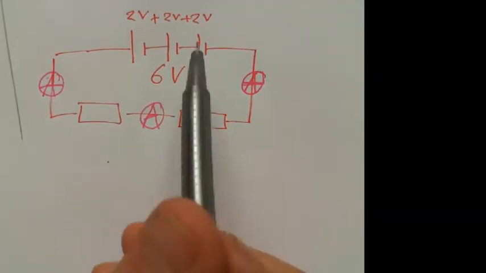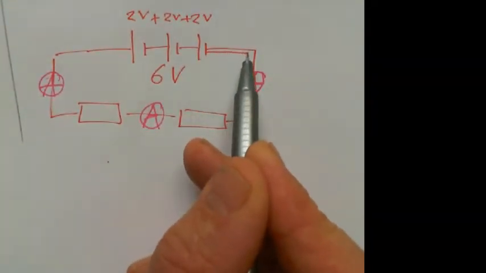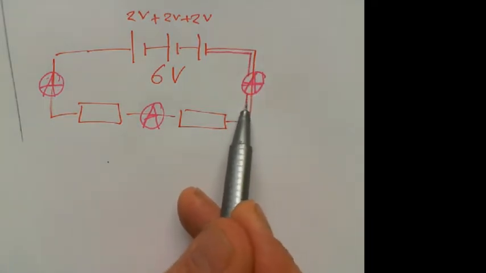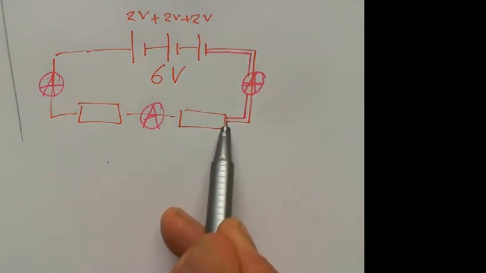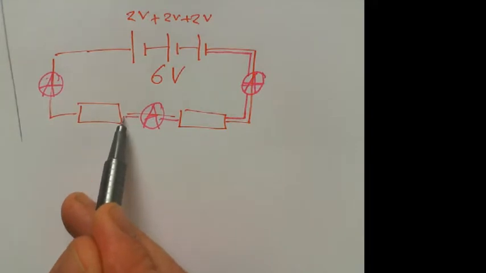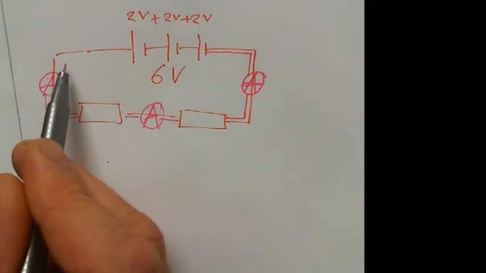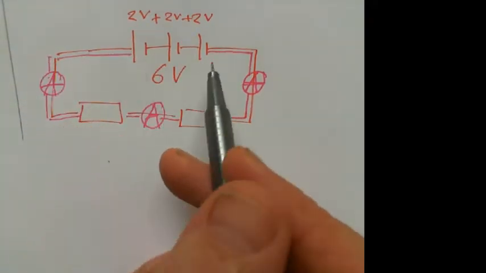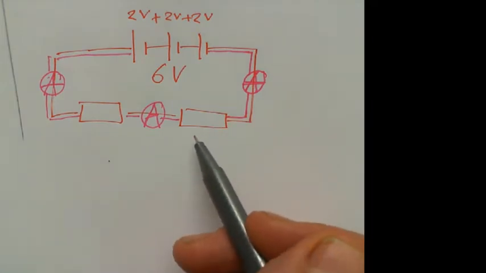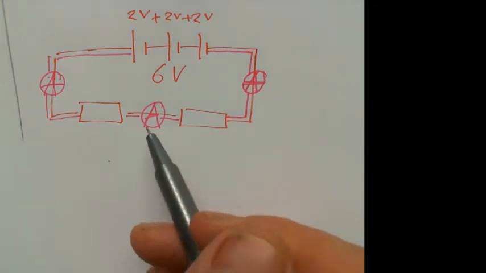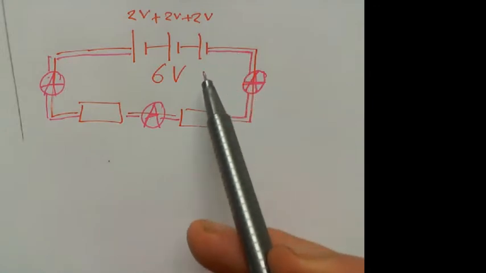So if you think about it, remember the current was the rate of flow of charge. If I've got in this pipe 2 things slowing it down, what I'm concerned about is how fast it's flowing around the whole pipe.